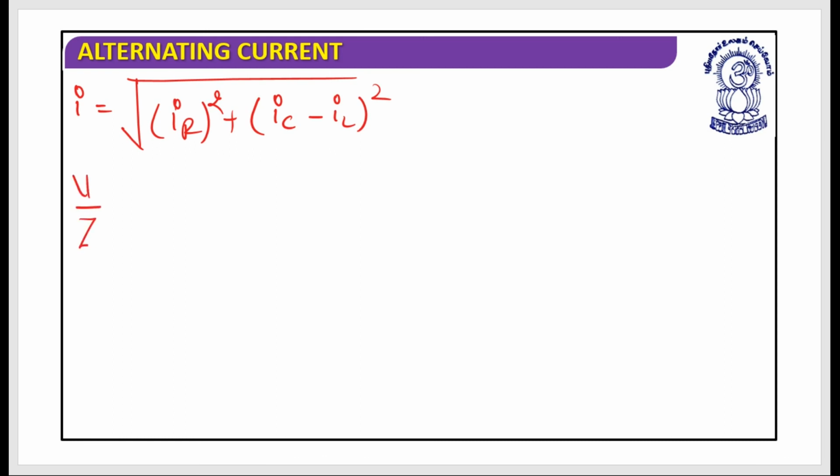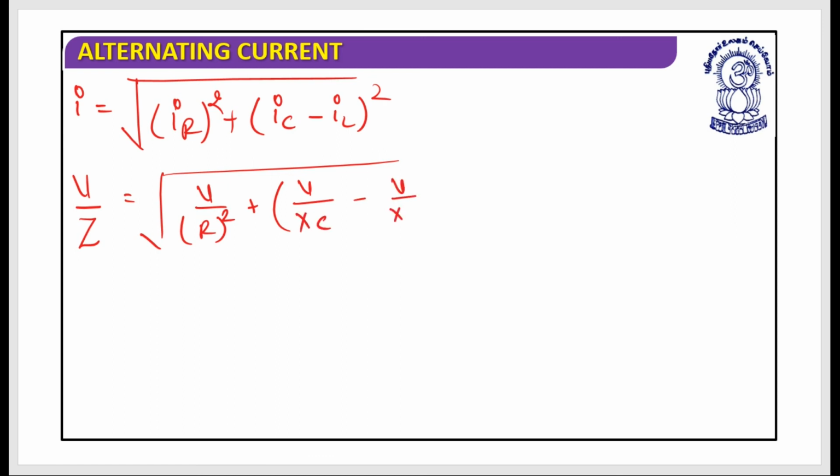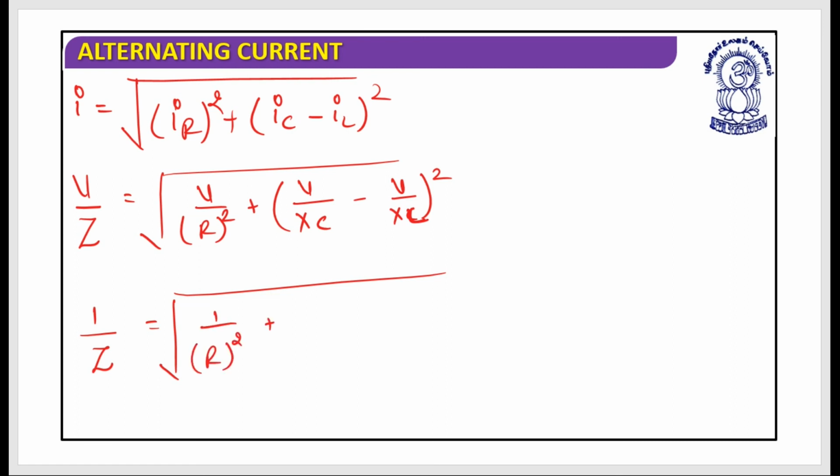This can be written as V by Z equals the square root of (V by R) squared plus (V by XC minus V by XL) squared. When I write V by Z, V can be cancelled and this can be given as 1 by Z equals the square root of (1 by R) squared plus (1 by XC minus 1 by XL) squared.